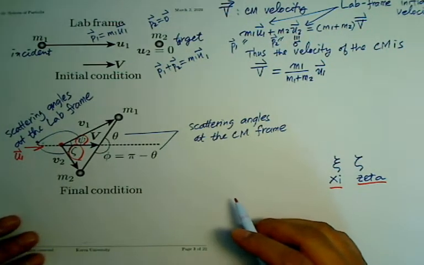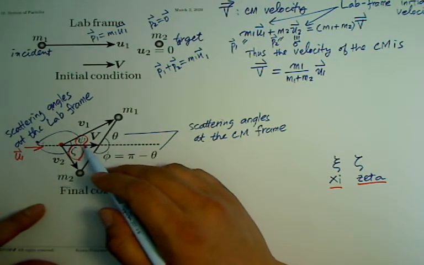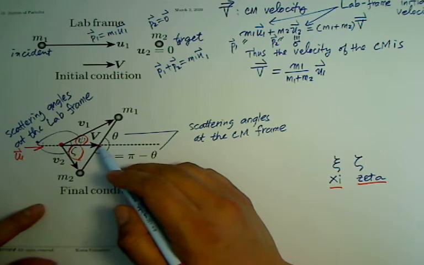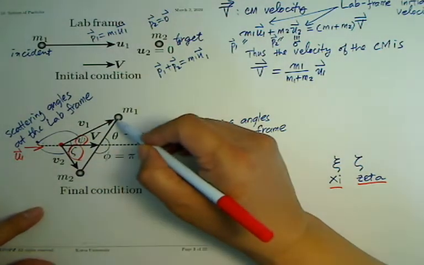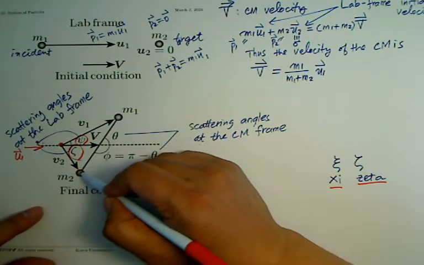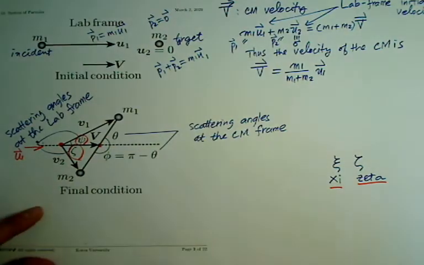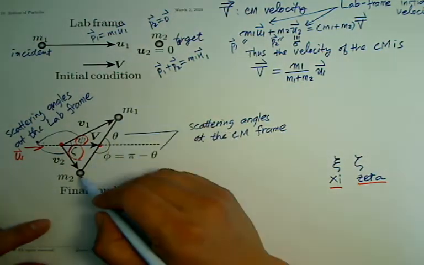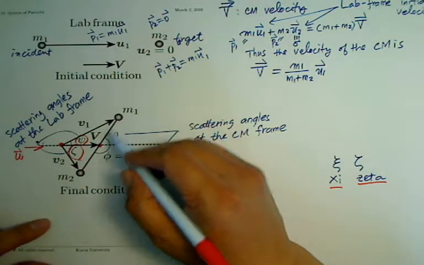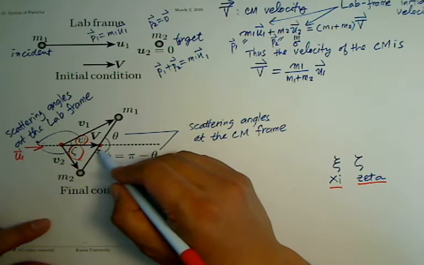Alright, and then the center of mass moves forwards, and at some point we can connect the two masses after collision. If we connect these two, then the line always passes through the center of mass. So when m1 and m2 are placed at these two places, at that moment the center of mass is placed here.